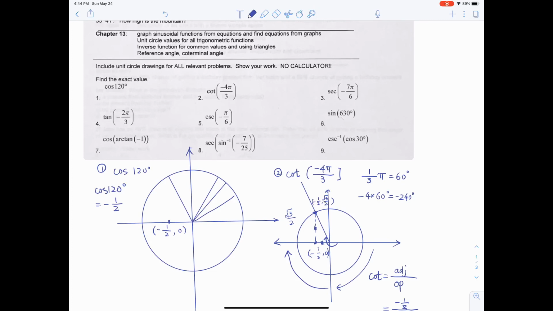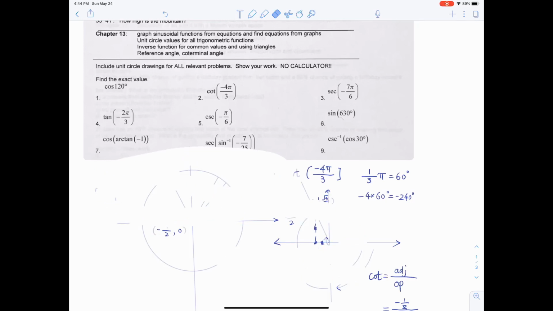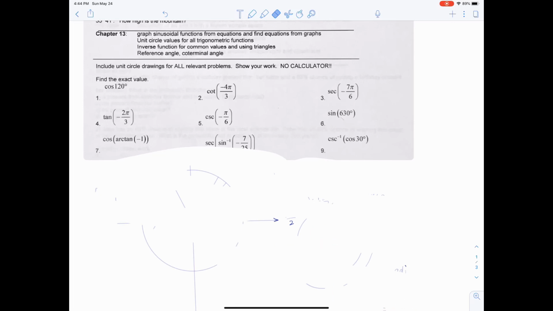Okay, the third one, secant. I think we can erase them all. Should be good. Secant of negative 7 pi over 6. Secant is so complicated.